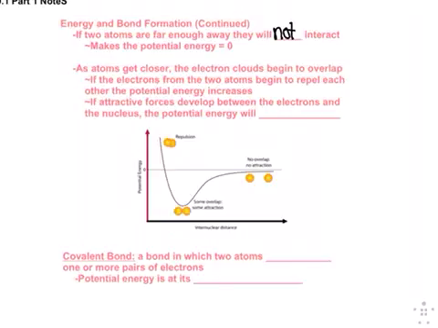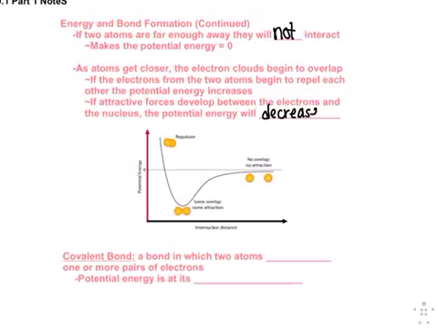However, as atoms get closer and closer to each other, their electron clouds are going to start to overlap. If the electrons from the 2 atoms begin to repel each other, the potential energy will increase. If they get so close that attractive forces develop between the electrons and the nucleus, the potential energy will decrease.